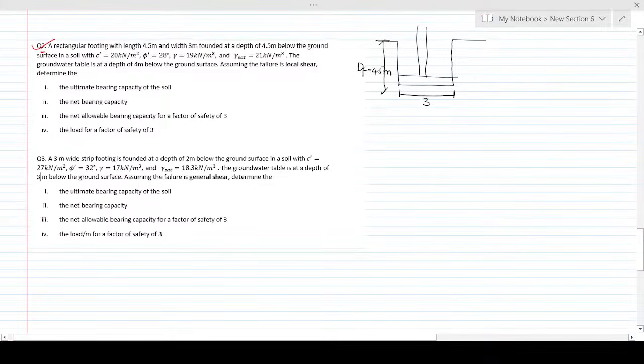It's a rectangular foundation. The width is 3 and the length is 4.5.